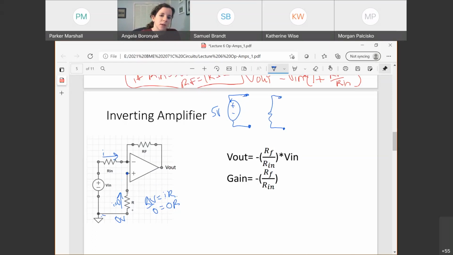I'm going to call this one again, the top, VA. Call this one VB. What's my voltage at point VB? It does have to equal VA based on my op-amp rules.